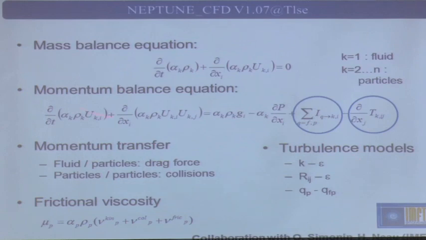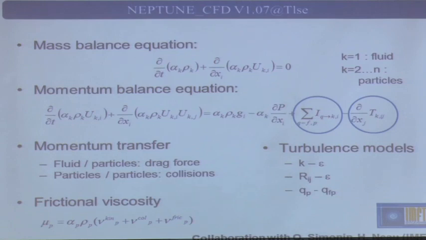But inside all these terms, you need to use modeling. You need to select a model for your flow. You need to use a model for the particles, because we are not going to solve the motion of each particle. We are going to solve an equation for the concentration of the particles or for their agitation. So we are not going to use the force balance I taught you.